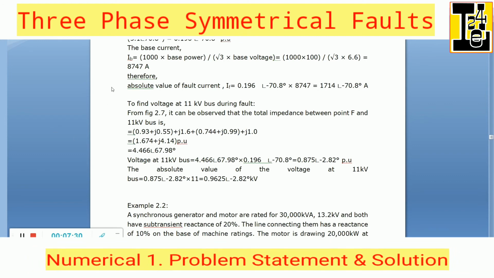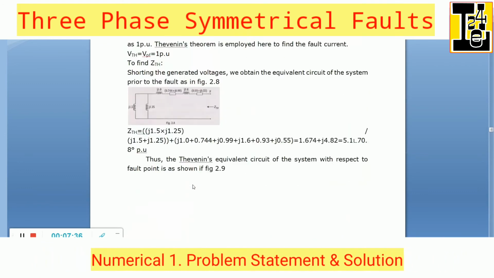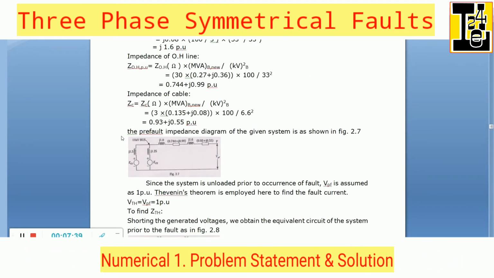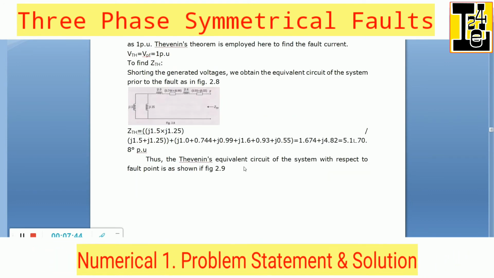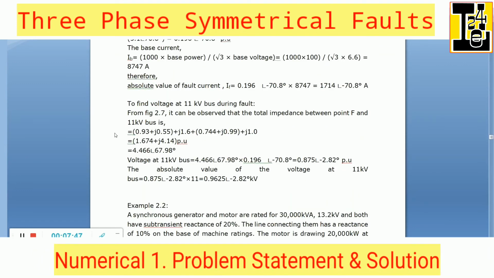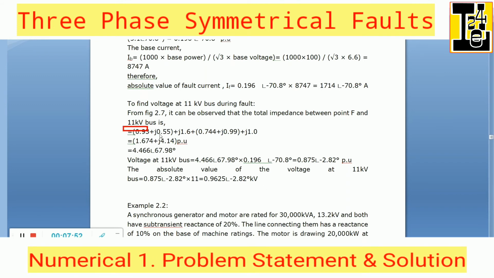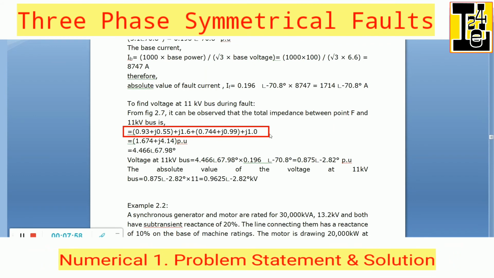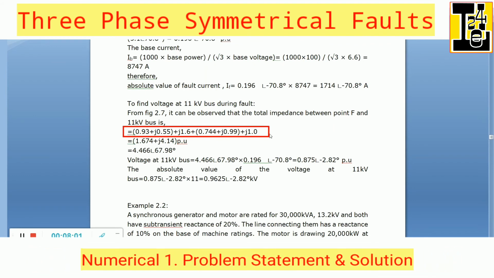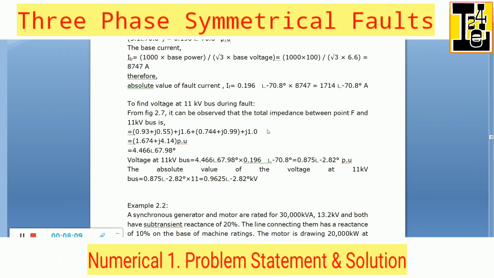The second part is to find the voltage at the 11 kV bus during the fault. By observing this reactance diagram, we can say that during the fault, the voltage at the 11 kV bus will be equal to 0.93 plus j0.55 plus j1.6 plus 0.744 plus j0.99 plus j1, that is the fault impedance.